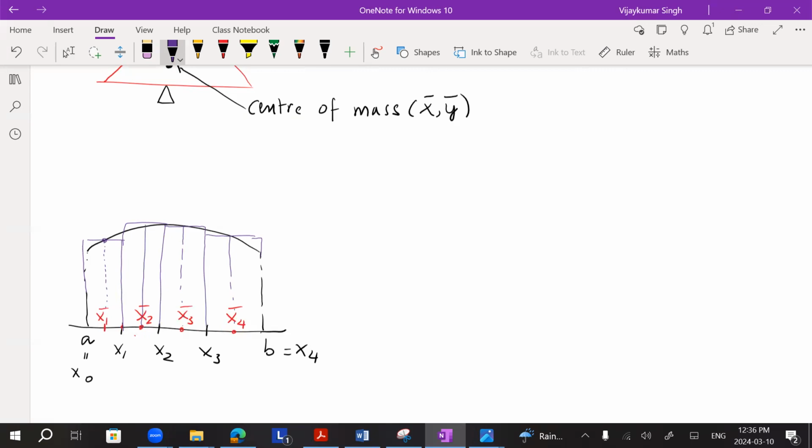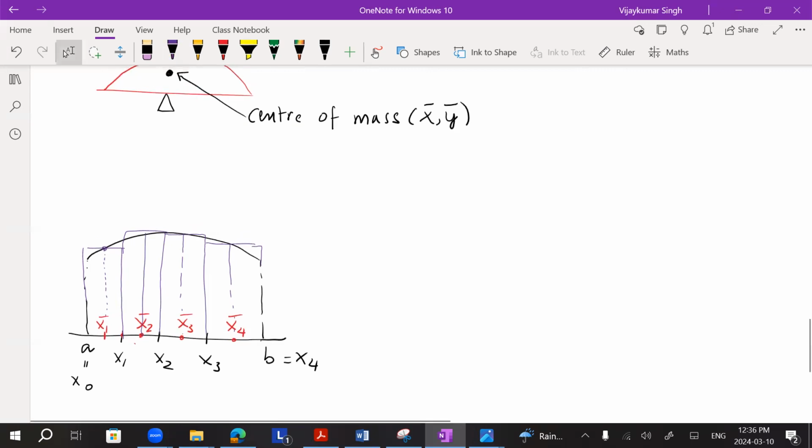Okay, so now let's write down. Delta x is b minus a divided by n. Let mi be the mass of Ri. Each of these rectangles is Ri, my R1, for example.